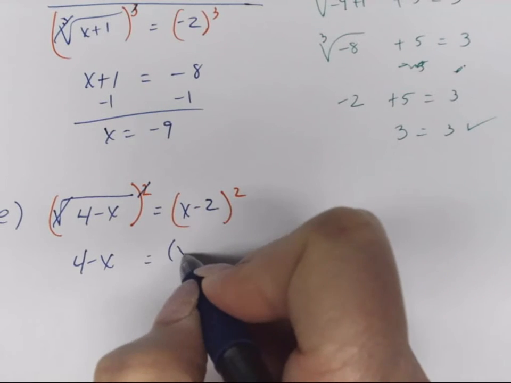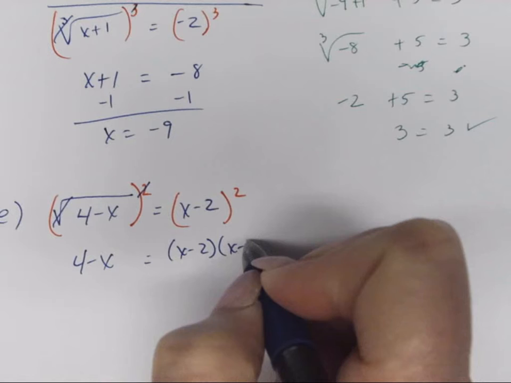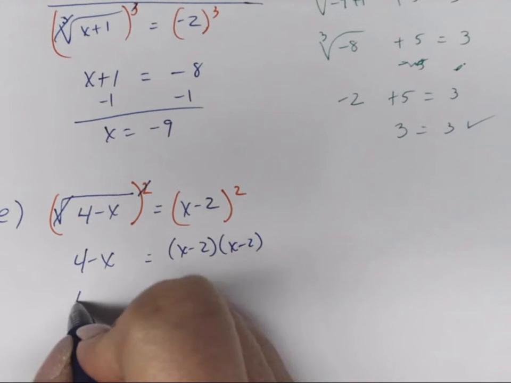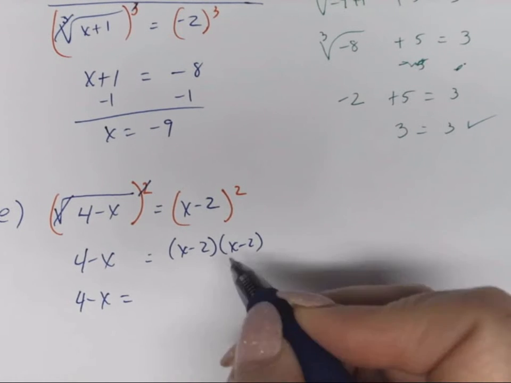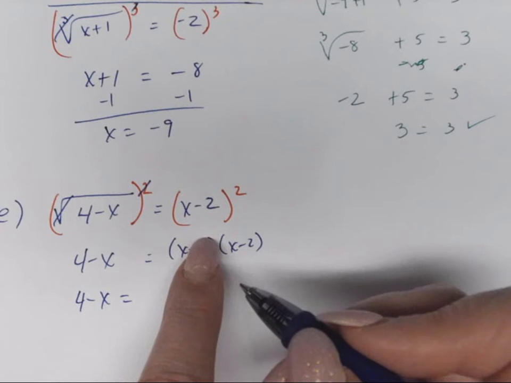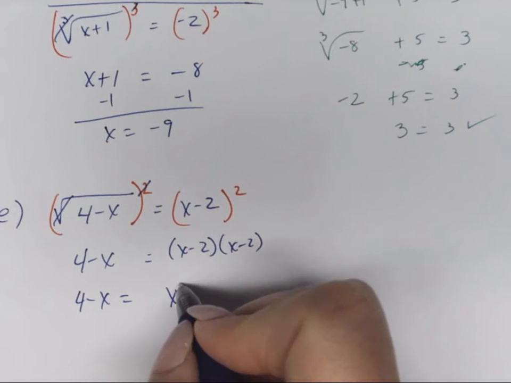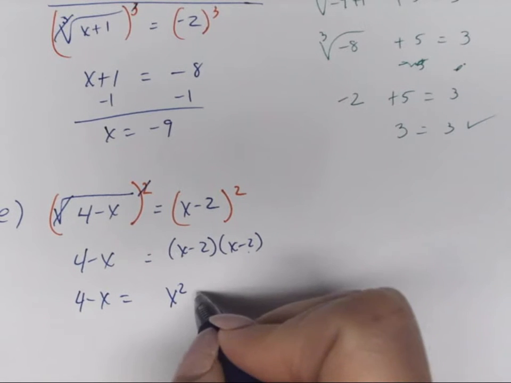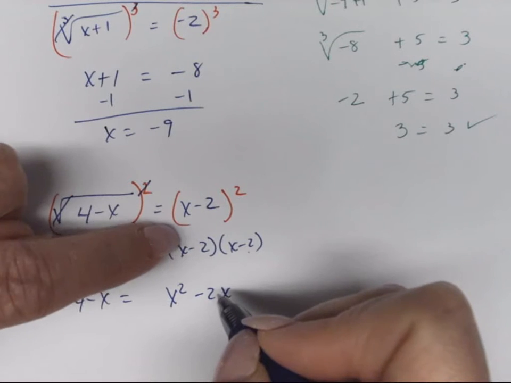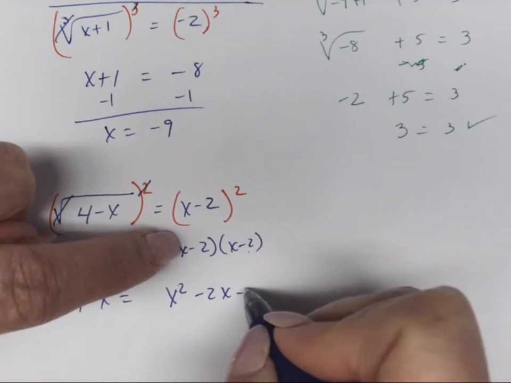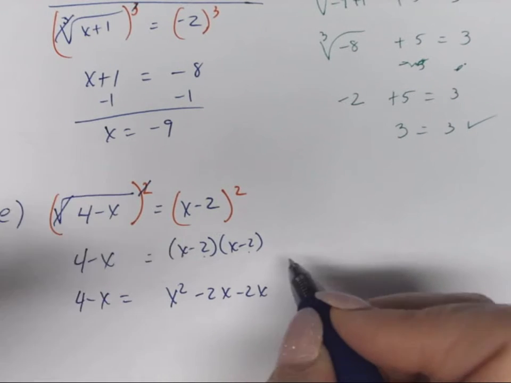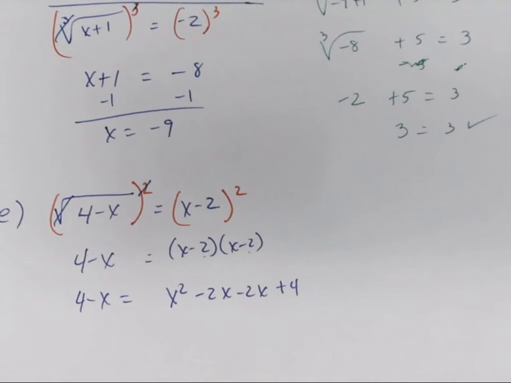And remember, this is x minus 2 times x minus 2. So 4 minus x equals, remember, we're going to distribute: x times x is x squared. x times negative 2 is negative 2x. And then negative 2 times x, negative 2x, and negative 2 times negative 2, positive 4.